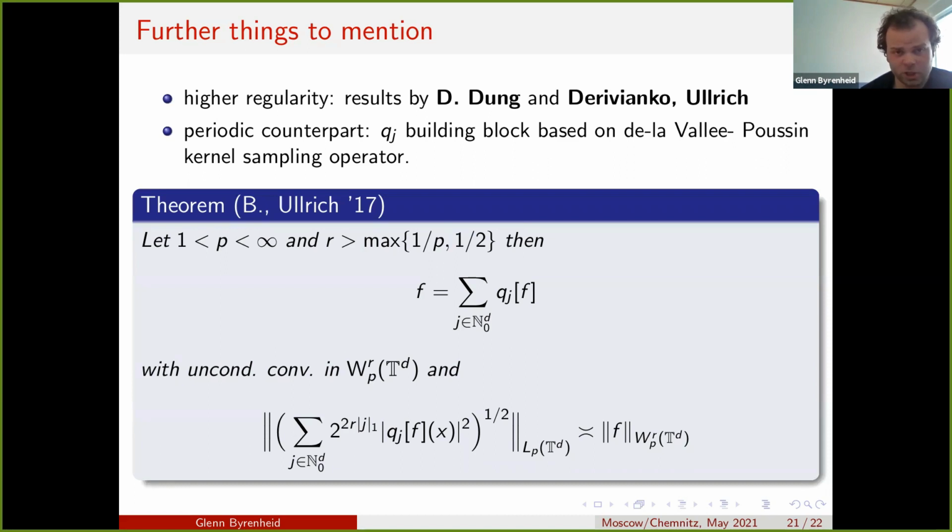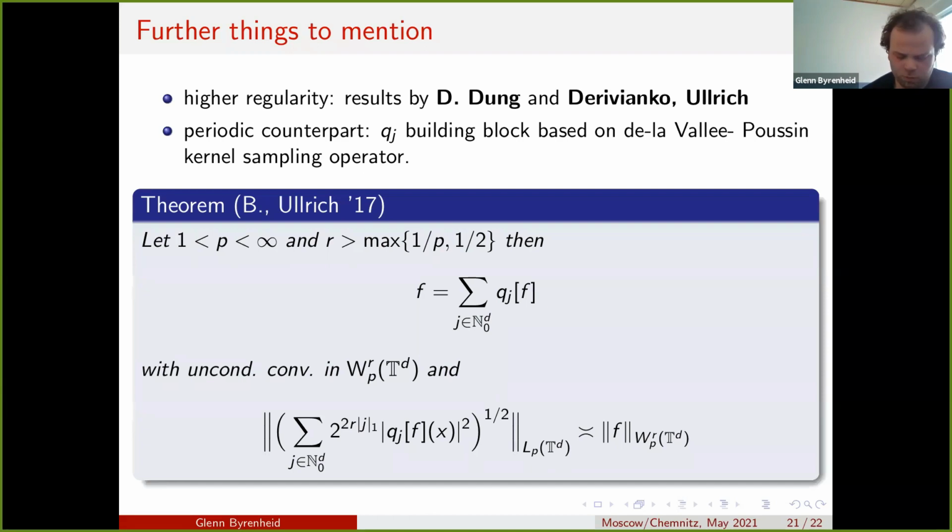Additionally, I want to mention that for the things I have explained with these Faber-Schauder characterizations, there is also a periodic counterpart. Namely, we can replace our building blocks, where we summed up our translates of the Faber-Schauder coefficients with this characteristic function, by the dyadic tensorized differences of, for example, de la Vallée-Poussin based sampling operators.